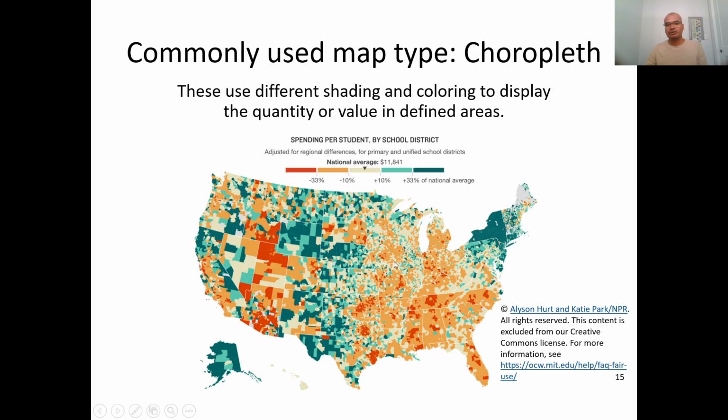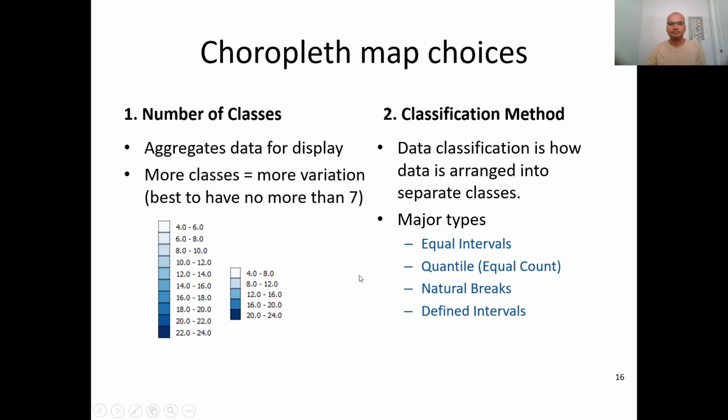So you can easily understand at a glance where the spending is low and where the spending is high. This approach, using colors or some graphics when preparing a map, we call a choropleth approach. This is the most commonly used map.